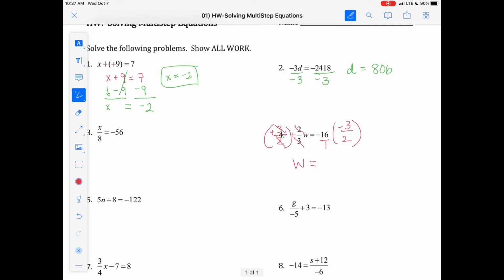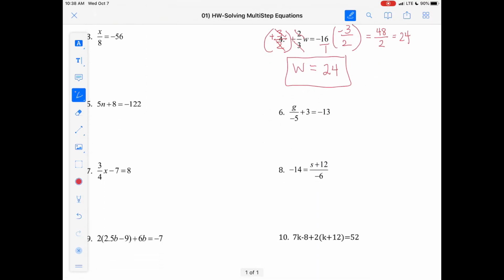And here, I can either multiply straight across. Negative 16 times negative 3 is positive 48. 2 times 1 is 2. And we could also just use Desmos for that as well. And we end up with w equals 24. Dividing by a fraction is the same as multiplying by that fraction's reciprocal. Lovely. All right.